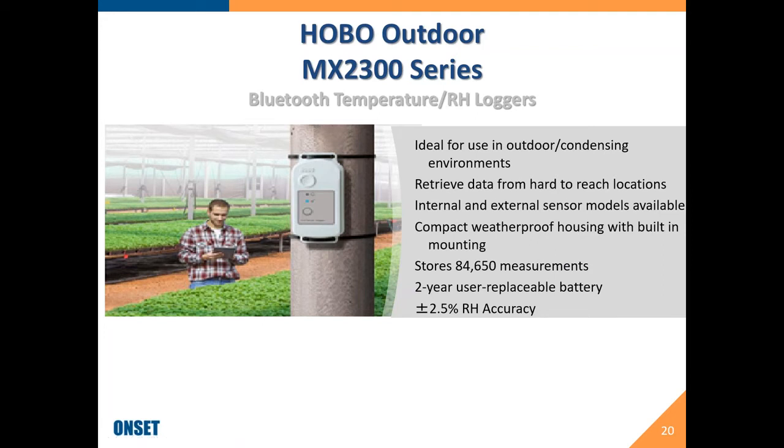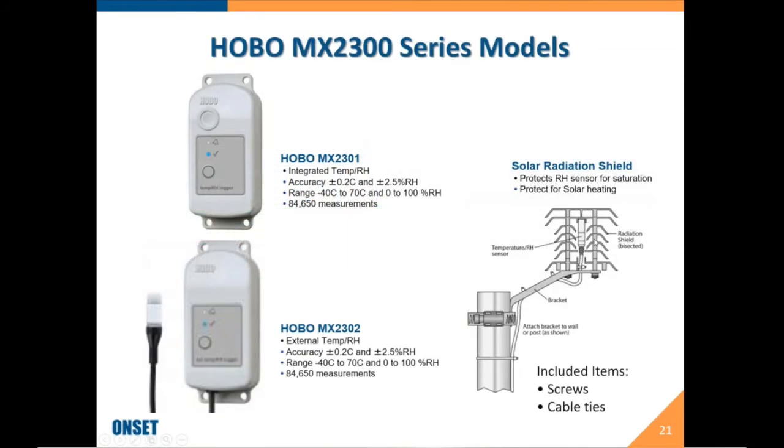Same interface as our other Bluetooth loggers. The difference, of course, is that it has a 2-year user replaceable battery, so it lasts a little bit longer outdoors. And they come with internal and external sensors. Here are a few members of the family. Simple MX2301, which is temperature and relative humidity.